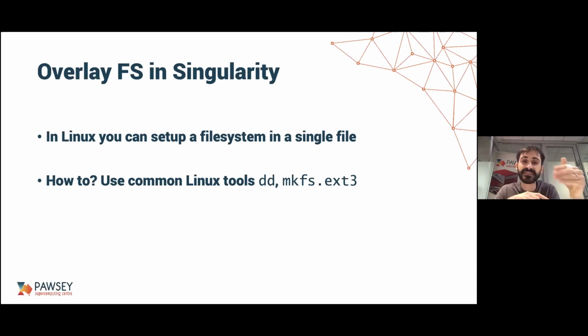Inside that single huge file, you can eventually write a huge number of files, and they will be hidden from the host file system. They would just look like a very big single file. So from what I just told you, it sounds like a good solution, right? We can make the HPC file system see just one big file, which it can handle very well.